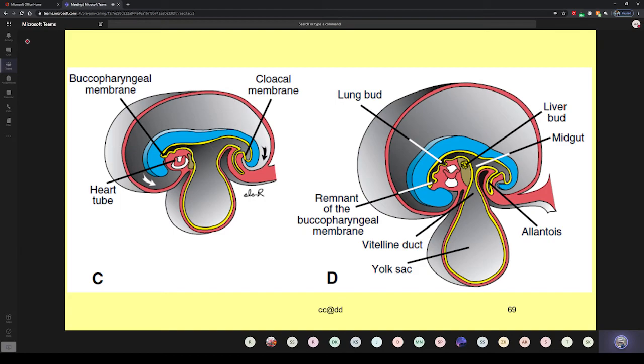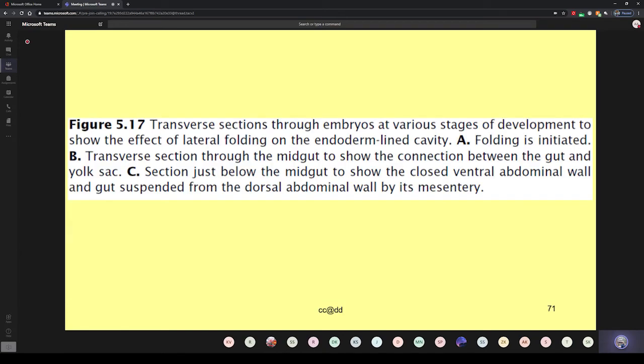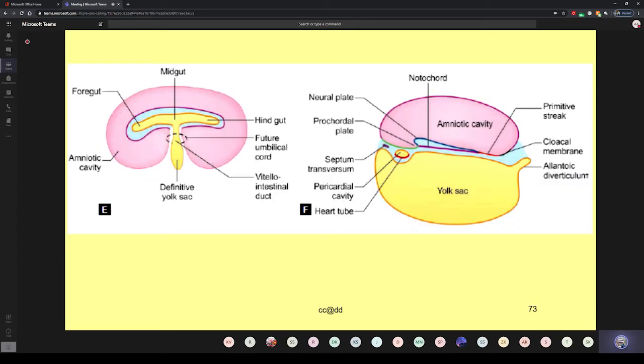So, what will be the derivative of the endoderm? It is very easy from these pictures to understand that yes, the endoderm is going to be responsible for the formation of, okay, these pictures again explain to you about the various folds. So I'll be just running through them because you can look them up.